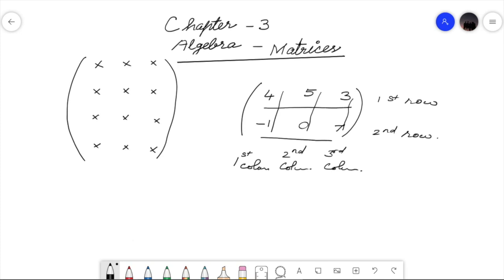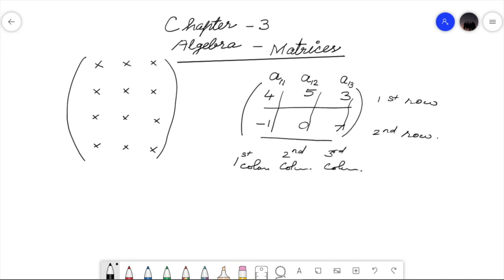And the positioning of these elements in the matrix: see here, this 4 is positioned as A 1 1. That means it is in the place of first row and first column. What about this 5? This will be A first row second column. This 3 is A first row third column.